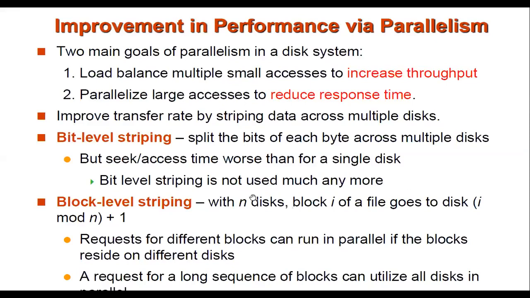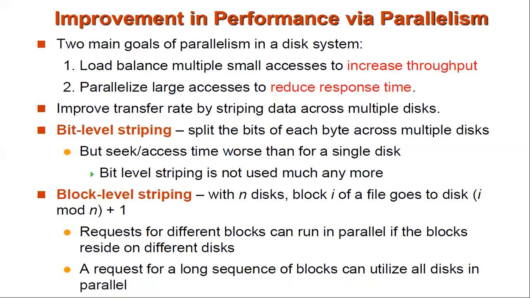Practically, bit level striping is not used much anymore, because it is highly complex to maintain bit level striping across different disks. The concept was initially framed, but it is not in practice now, and mostly people are not using it. Now, block level striping: instead of taking the data at bit level, you consider it as a block.